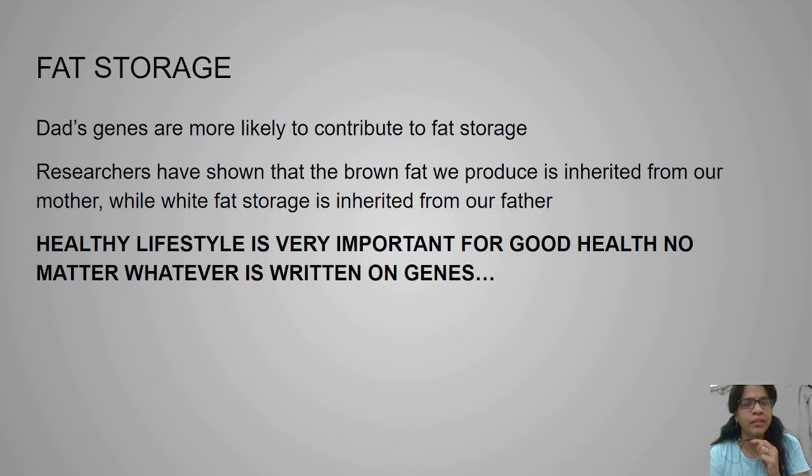One is brown fat and the other is white fat. Researchers have shown that the brown fat we produce is inherited from our mother, while the fat storage is inherited from our father. Okay, so this is another interesting fact that I can tell you.